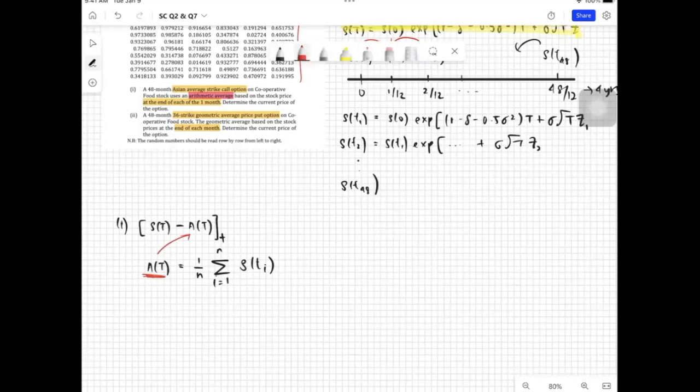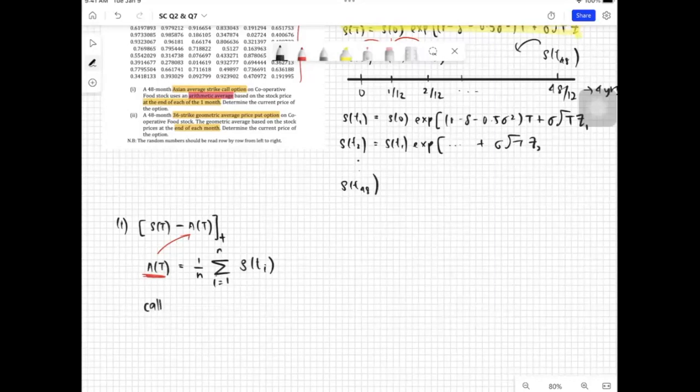Before that, let's establish one last point on how we calculate the option price for this question. After we get the payoff, we want to know the price of the option at time 0.